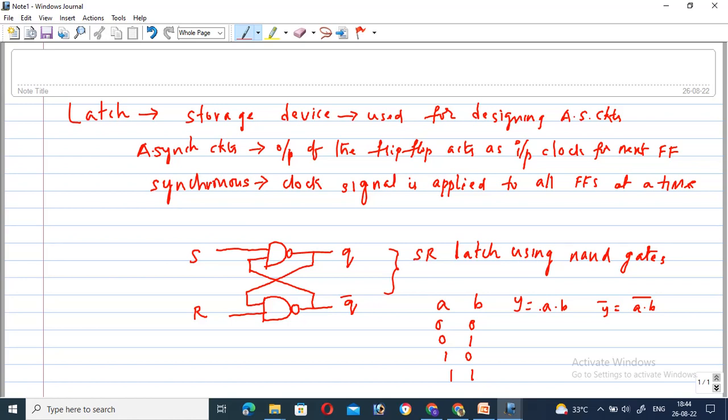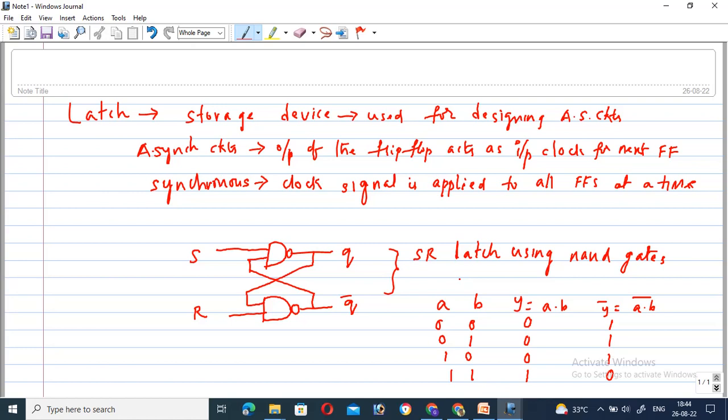So for 00 the output for the AND gate is 0, and the outputs are 0 0 0 1. For the NAND gate, it is the complement of the AND gate, so the outputs are 1 1 1 0. So this is the truth table for the NAND gate.